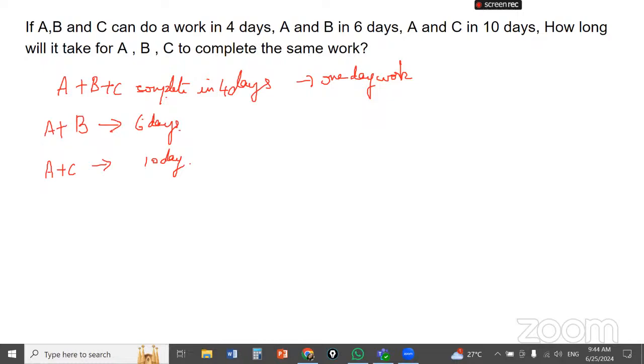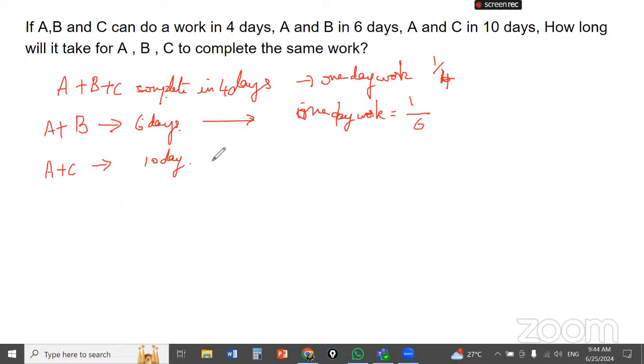I'm going for the normal method only, whichever method you want to use. So A plus B plus C, all the 3 of them together, 1 day work will be 1 by 4, sorry, not 16, 1 by 4. And A and B together, their 1 day work is 1 by 6.